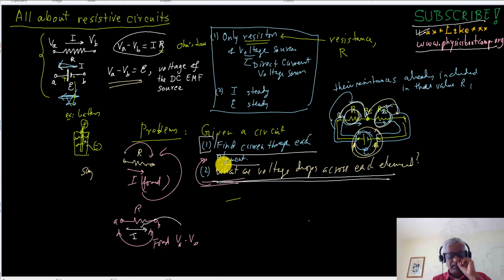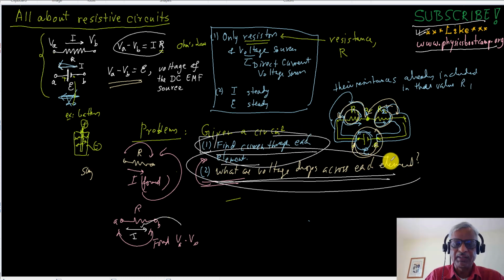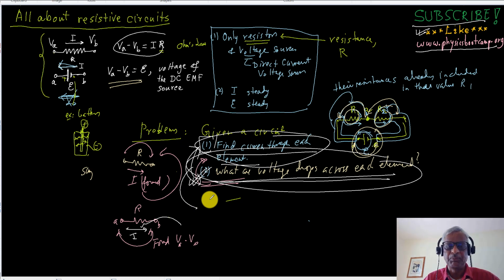So there are two techniques actually: focus on finding this or focus on finding that. I'm just going to focus on finding the voltage drops, and once I get the voltage drops I can find the current. Sometimes you can mix the two, depending on the context. So let's do some problems now.